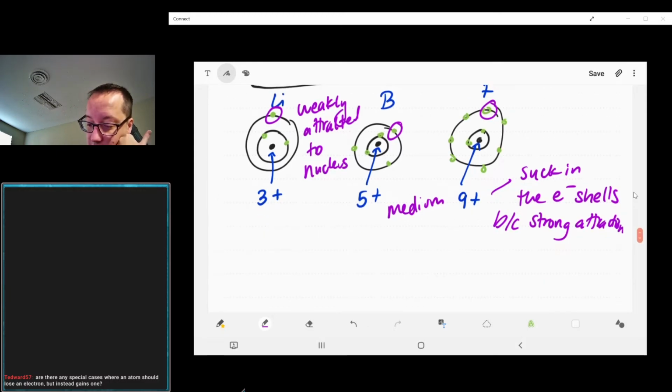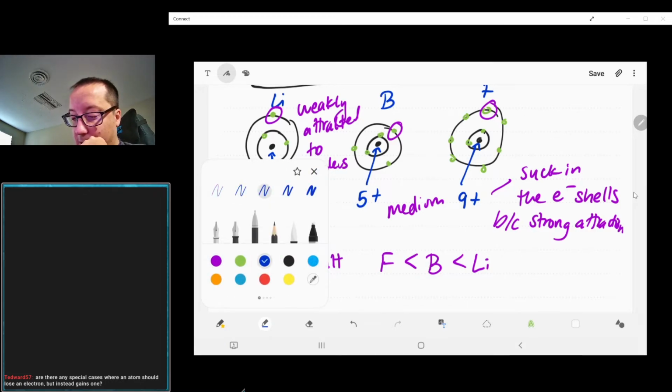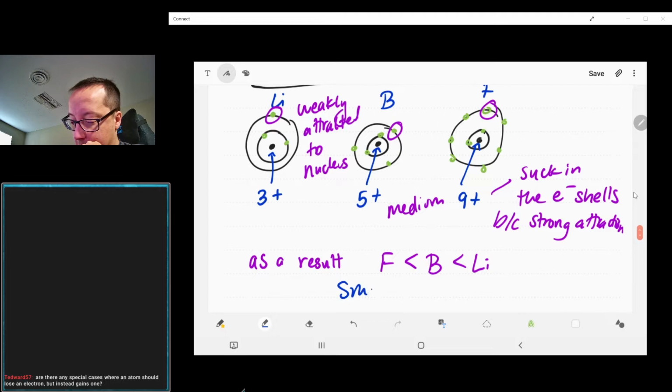So as a result, fluorine is going to be smaller than boron, which is going to be smaller than lithium. So for this comparison, fluorine is going to be our smallest one, and by comparison, lithium will be our large atom here.